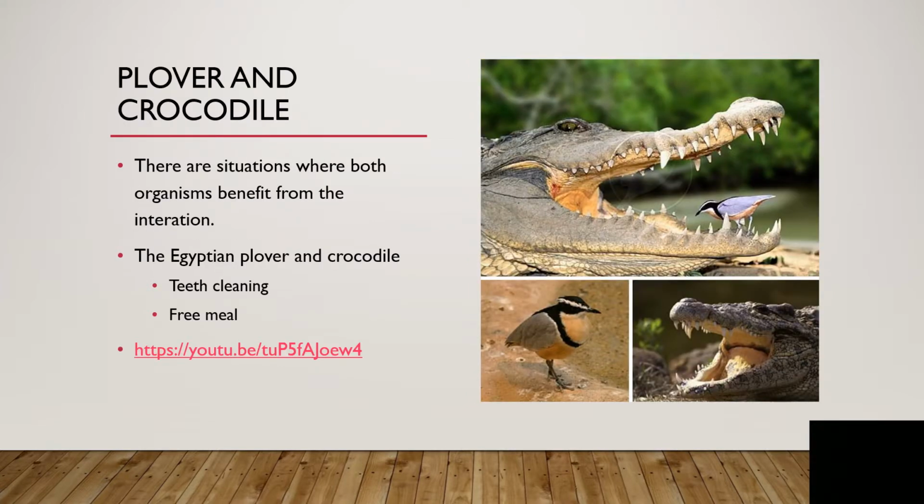Another example that's commonly used in mutualism is the plover bird and the crocodile. In this situation, both organisms benefit from this interaction. The crocodile is known for its powerful jaws that could clamp down with immense force. Once it clamps down, it's really hard to get it open.